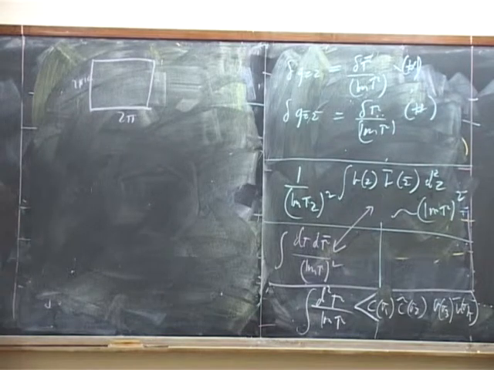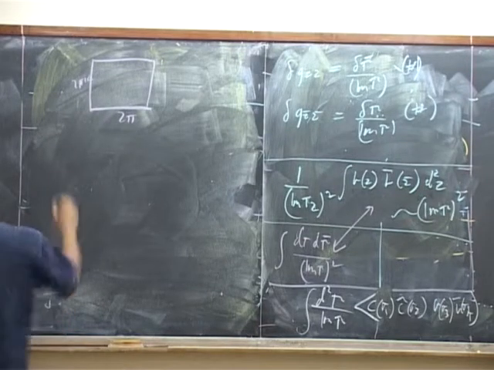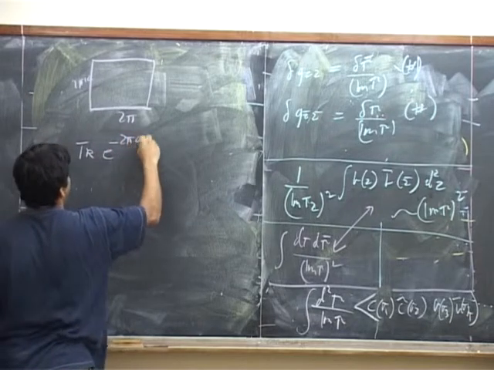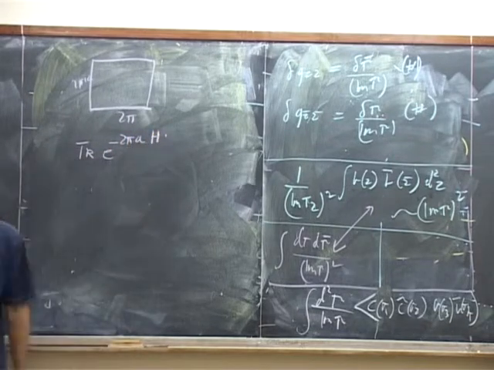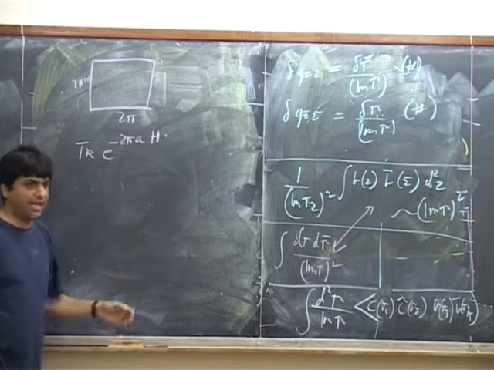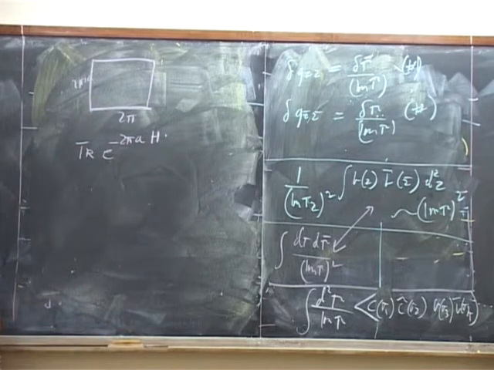Give me a Hamiltonian interpretation of the partition function of a conformal field theory on a torus of this aspect ratio. Exactly. It's the trace of e to the power minus 2 pi a times the Hamiltonian of the theory.